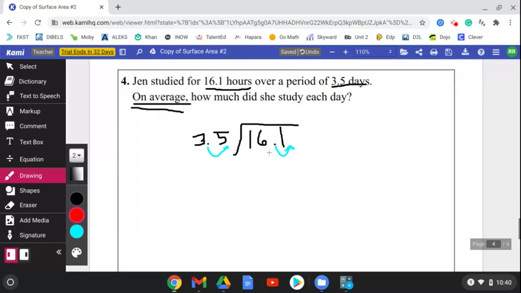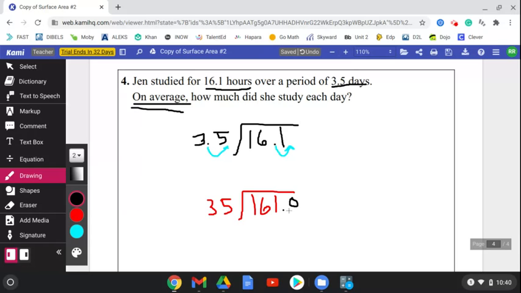Now let's rewrite the problem. Inside the division bracket, you now have the number 161. And outside the division bracket, you now have the number 35. Okay, so 35 goes into 161 how many times? That's what you need to figure out. Now, where is the decimal on 161 now? Isn't it after the 1? It's right there, right? And what digits are after the decimal? There are some invisible zeros, right?